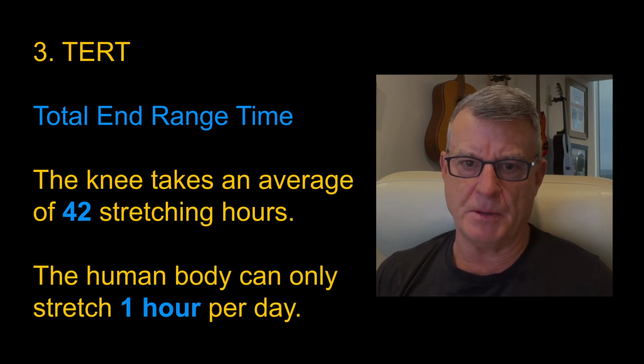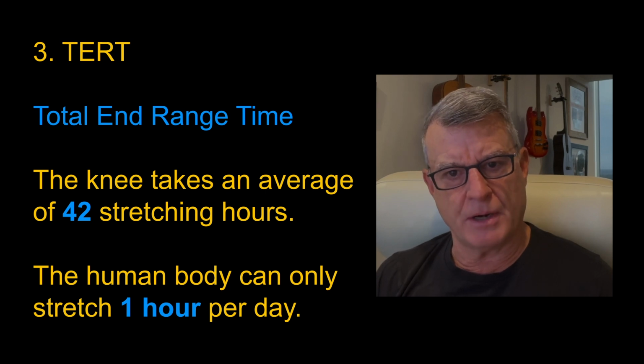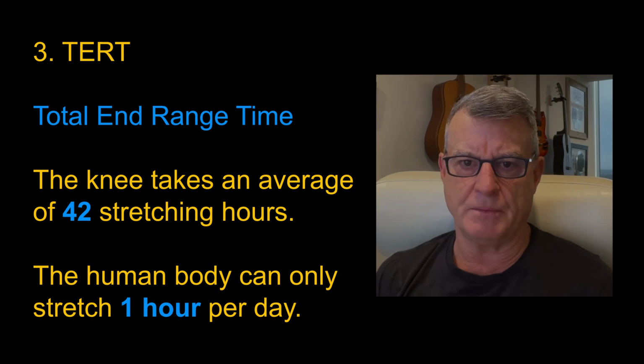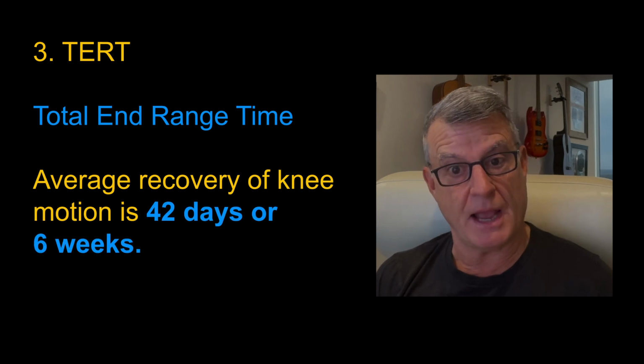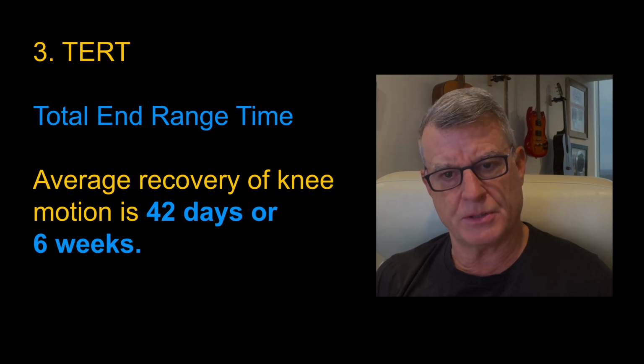And typically the human body can't stretch more than an hour a day. So this means that with an hour a day of stretching, you should be able to get your motion most of the time in 6 weeks on average. Some people more, some people faster.